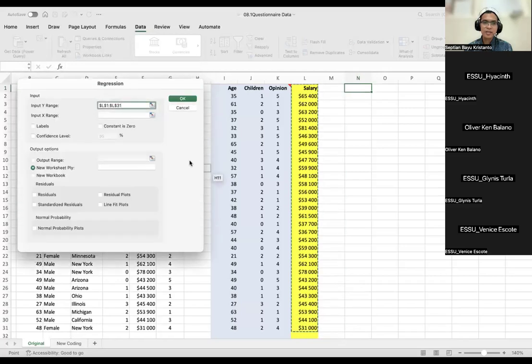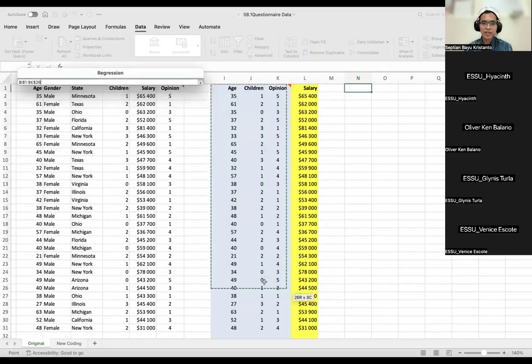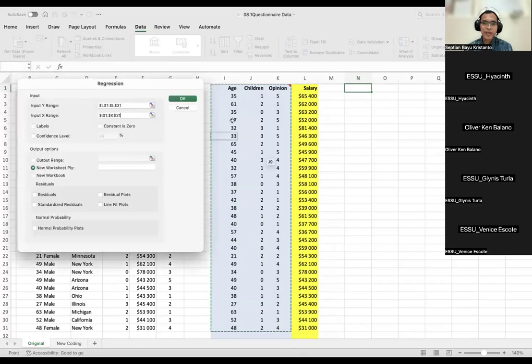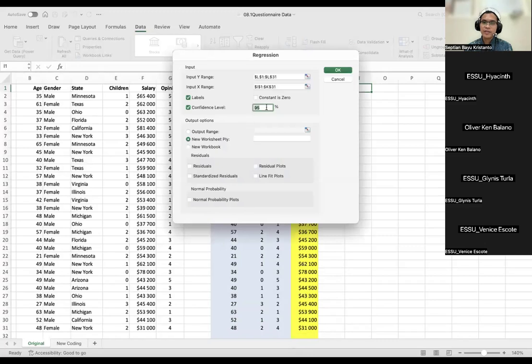It's only 30 data points, and the x variables, or explanatory variables, are the age, children, and opinions. We include the labels and the first row.